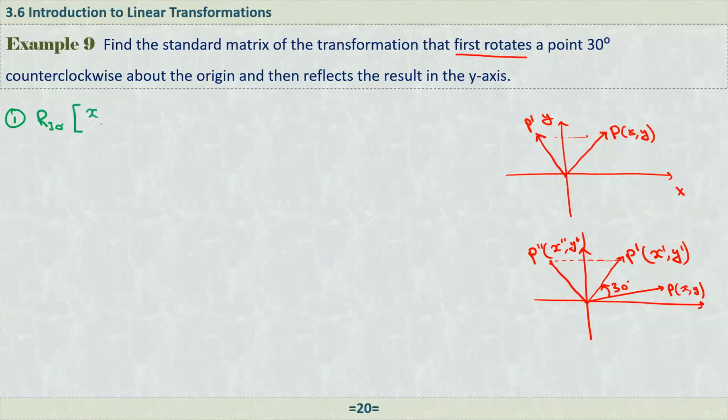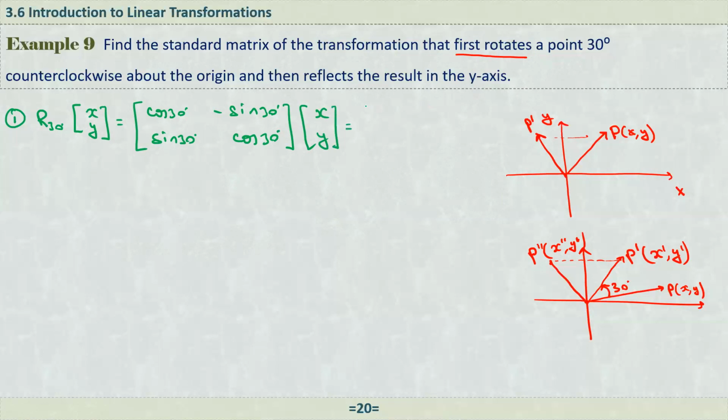So here we have the point that is x, y, and we are familiar with this matrix, right? It's just 30 degrees. Here we have cosine of 30, sine of 30, minus sine of 30, and here we have cosine of 30. And here we have that vector, x and y.